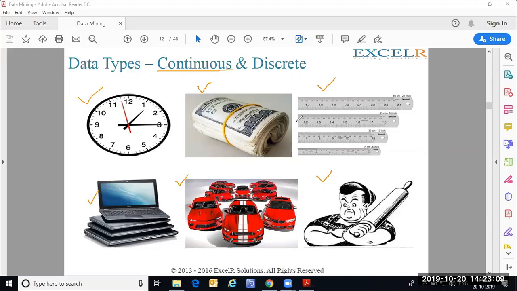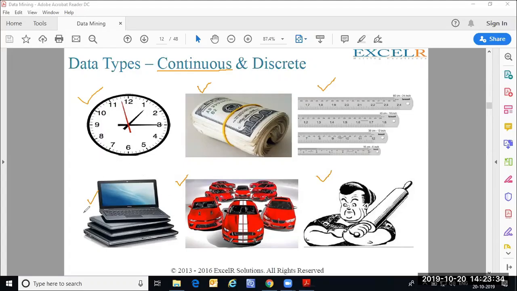All these can be represented to any level of granularity that is required through decimals, and still there is some meaning associated with it. Clear?